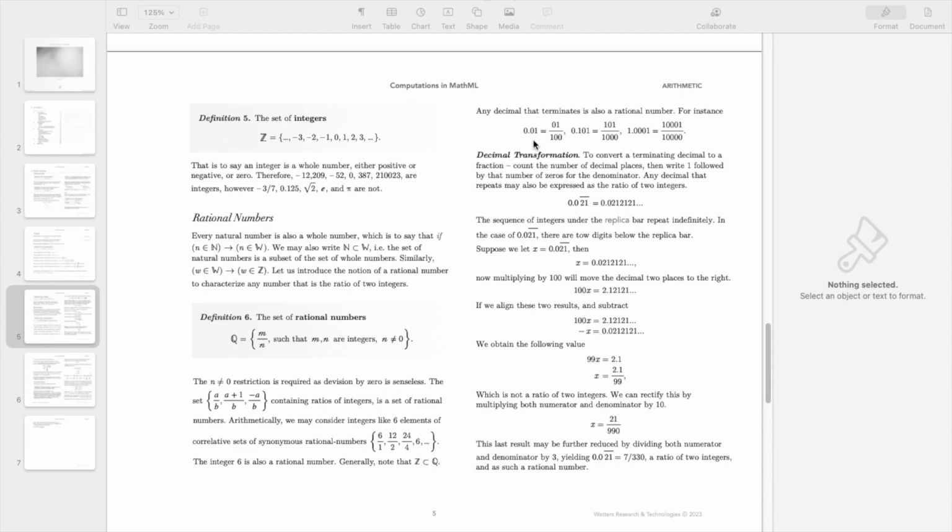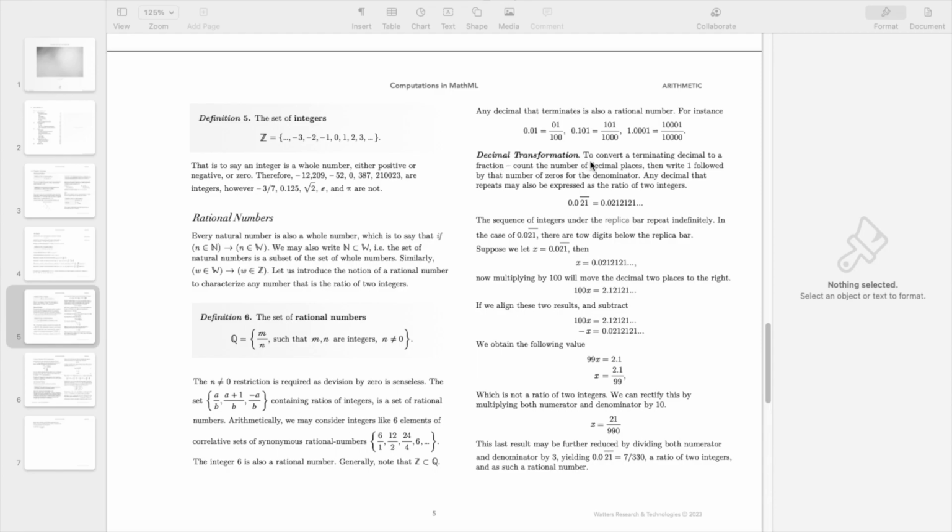For instance, 0.01 may be expressed as the integer 1 over the integer 100. 0.101 may be expressed as 101 over the integer 1000, and the decimal number 1.0001 may be expressed as the integer 10,001 over 10,000. So decimal transformations.